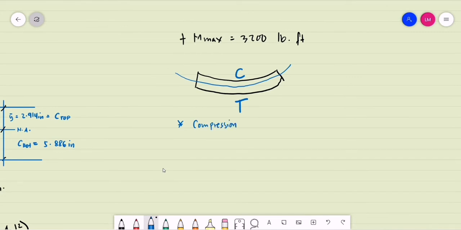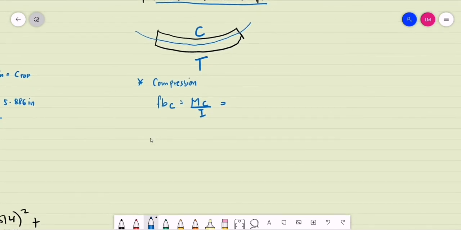Under compression, let's say this is f sub b. Take note, this is under the maximum positive bending moment. This is for f sub b compression. We cannot use the 6M over bd squared since this is not rectangular. We are using the general formula, Mc over I. What is our maximum moment? Our maximum moment is 3,200 pound-feet.